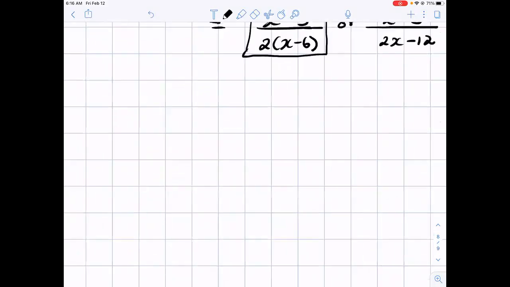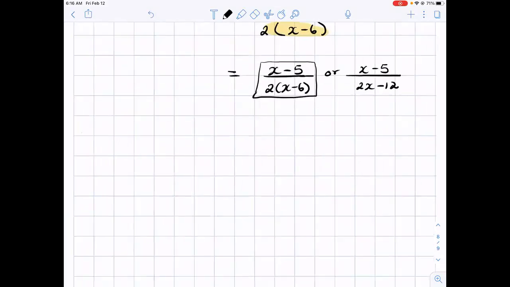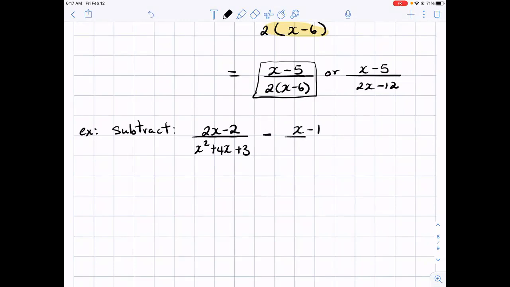Another example. Subtract. What if we have 2x minus 2 over x squared plus 4x plus 3, subtract x minus 1 over x squared plus 5x plus 6.